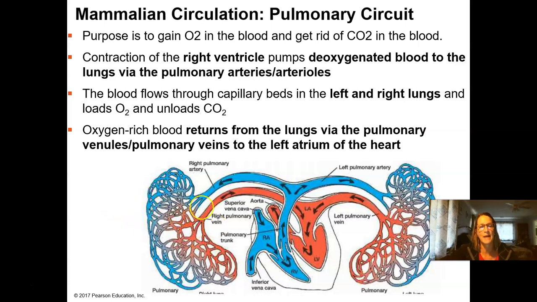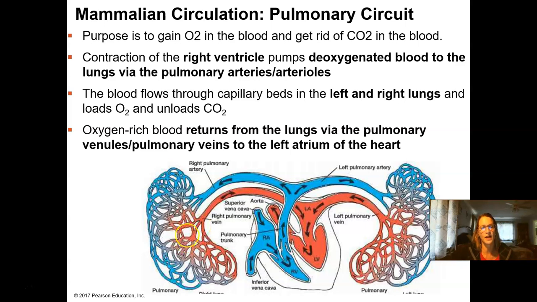Basically, the gas exchange that occurs in the right and the left lung through those capillary beds results in deoxygenated blood with a lot of carbon dioxide in it going into the lung, and the blood coming out of the lung has a lot of oxygen in it and not much carbon dioxide.